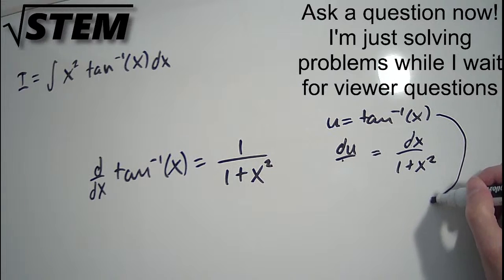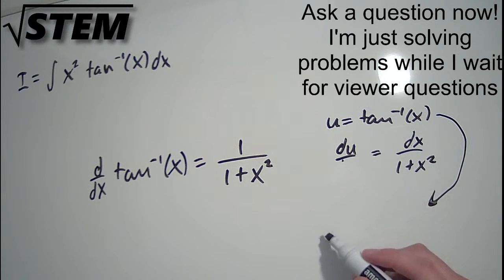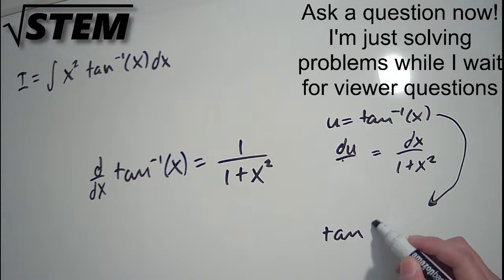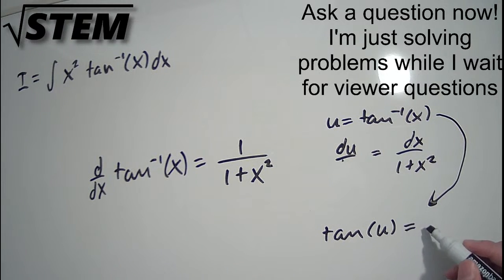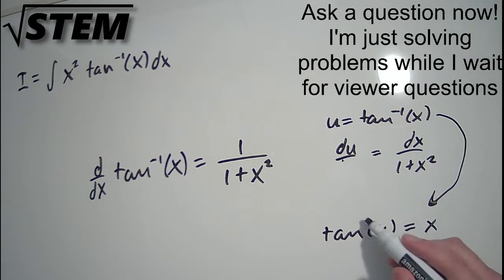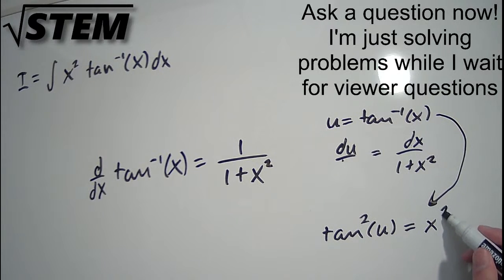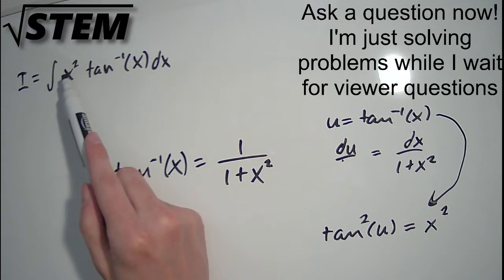Unless this also means that tangent of u is equal to x, and tangent squared of u is equal to x squared, which we do have an x squared.